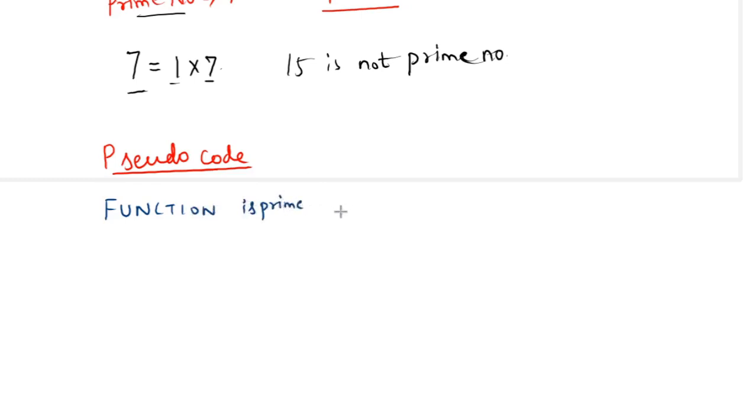If the number is prime, it will return 1 or true. If the number is not prime, it will return 0. Consider n as the parameter being passed to this function. And here the assumption is made that n equal to 1 is not a prime number.